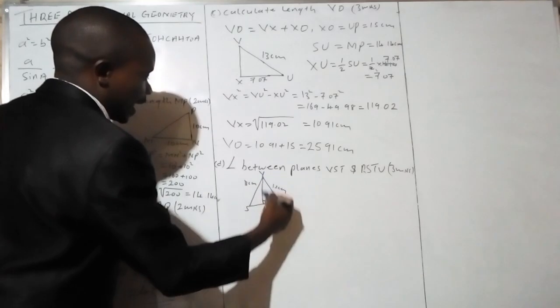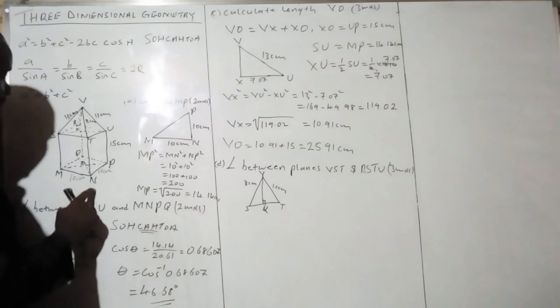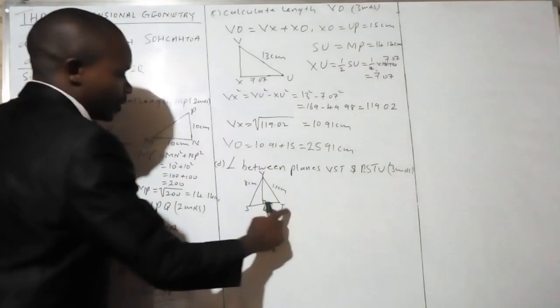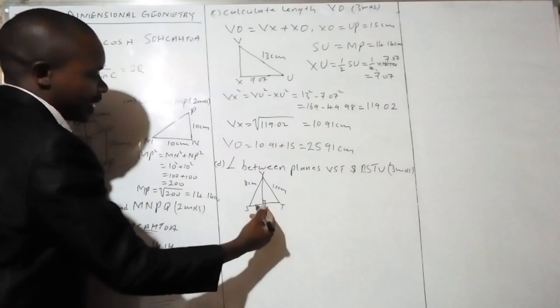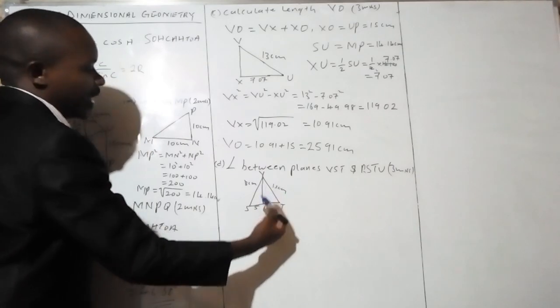ST is equal to MN, but MN is 10, so ST is 10. A half of ST, 10 divided by 2, is 5. Therefore, you can get VK.